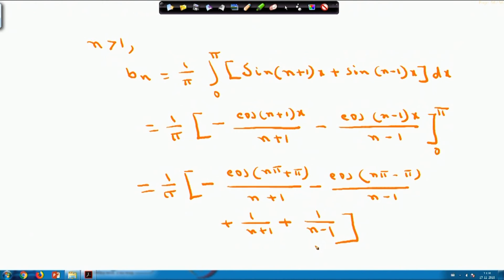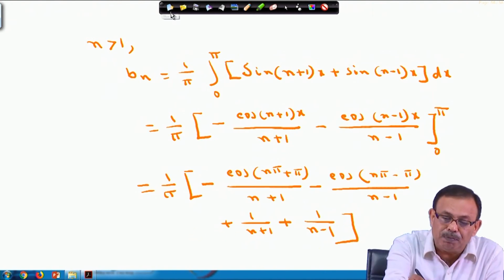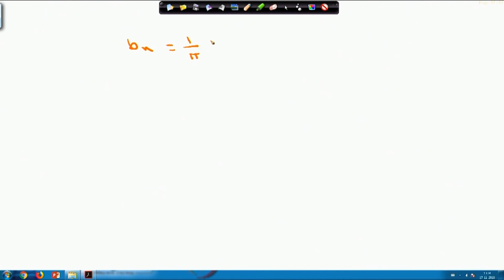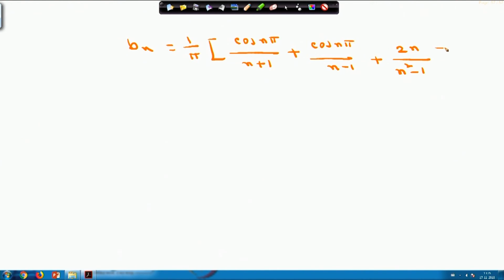So, if I put the limits of these two, then I will obtain this one. From here again I can simplify it and obtain b n equals 1 by pi into cos n pi by n plus 1 plus cos n pi by n minus 1, and the last two terms, 1 by n plus 1 plus 1 by n minus 1, will become 2 n by n square minus 1.